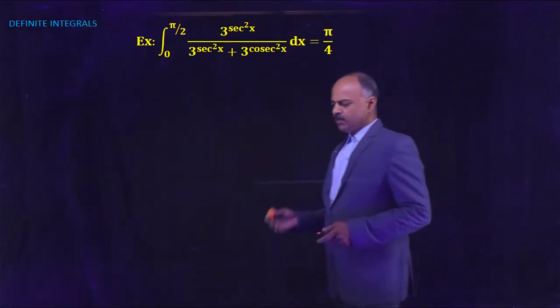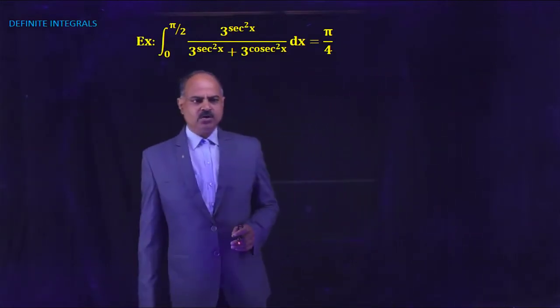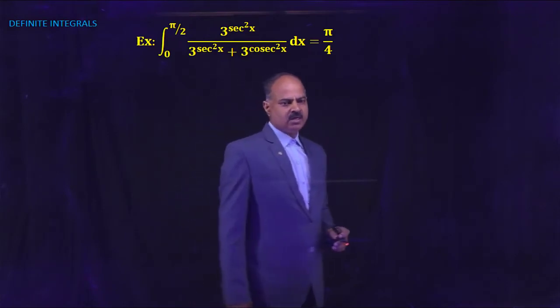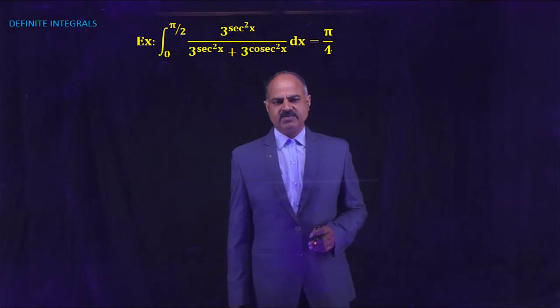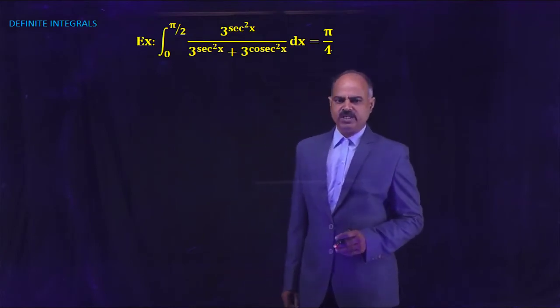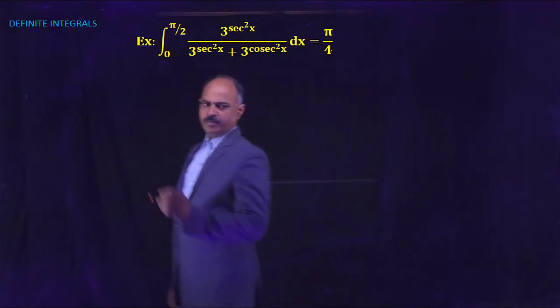Suppose, for example, integral 0 to pi by 2 of 3 power secant square x dx by 3 power secant square x plus 3 power cosecant square x equals pi by 4.